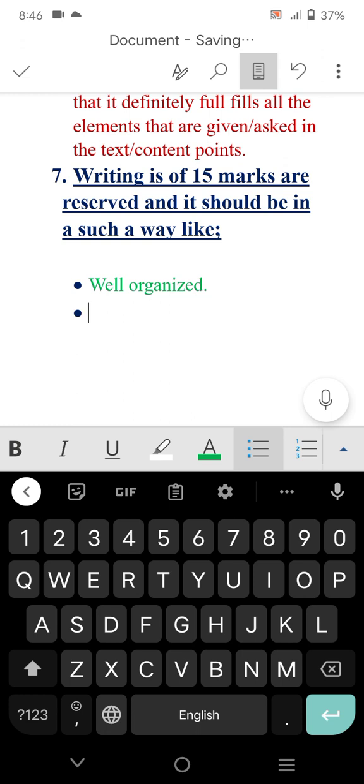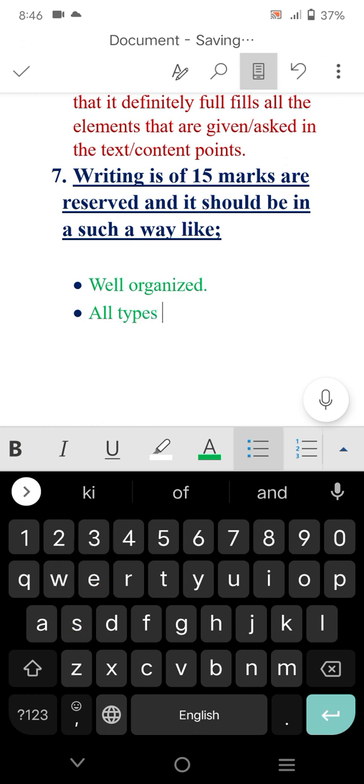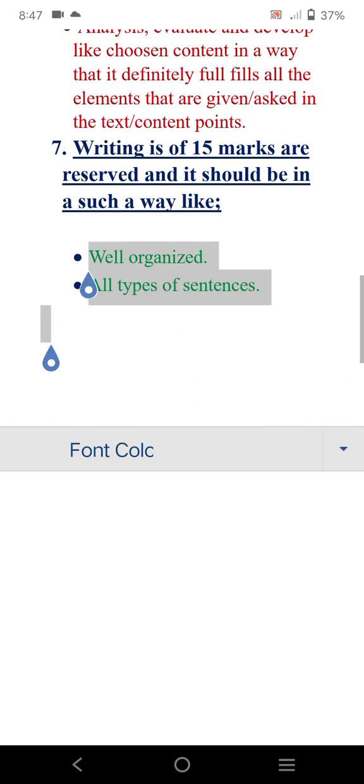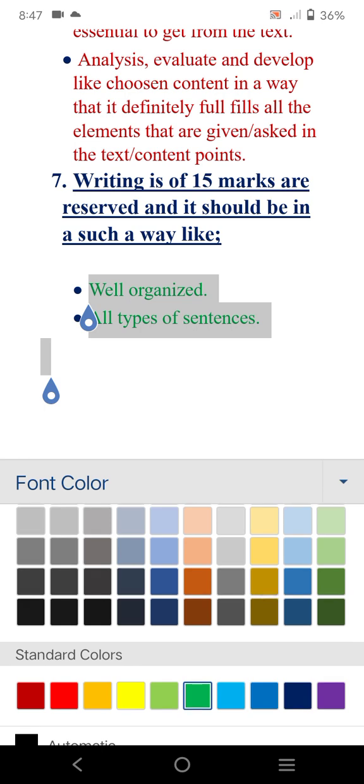The second most important writing skill is that there should be all types of sentences, mainly including, for example, complex sentences and simple sentences, and the other sentences you have been taught.